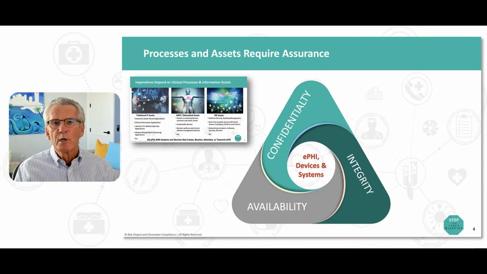So in other words, to comply with HIPAA, you must ensure the confidentiality, integrity, and availability of all electronic protected health information. And I will go on to say, based on the OCR enforcement actions, it extends beyond just the data. It includes all of the systems and all the devices that create, receive, maintain, and transmit that electronic protected health information.